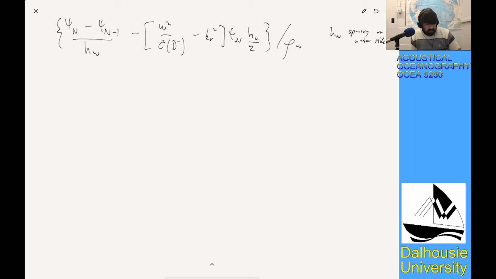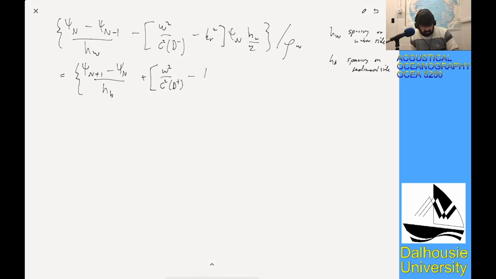And that's going to be equal to the approach from the other side, from the sediment side: n plus 1 psi n over h bottom now. Sound speed approaching from the positive side, density in the bottom.